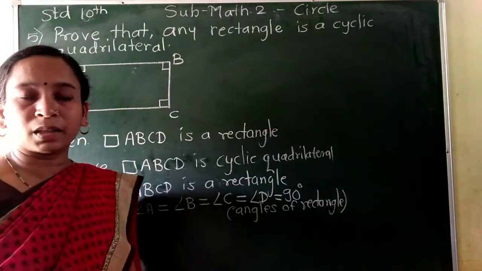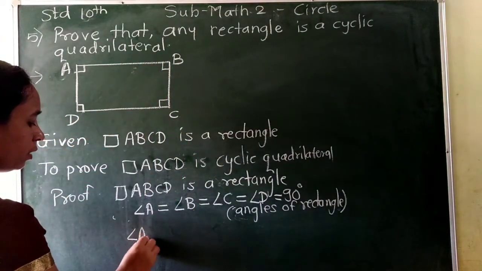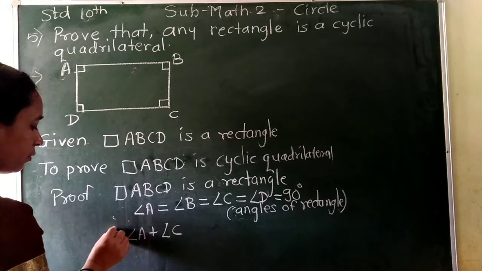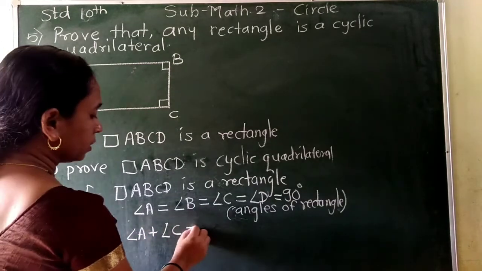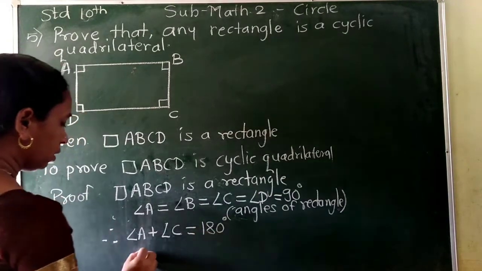If all these angles are 90 degrees, we'll check their opposite angles. Therefore, angle A plus angle C, we will get 90 plus 90, which is 180 degrees.